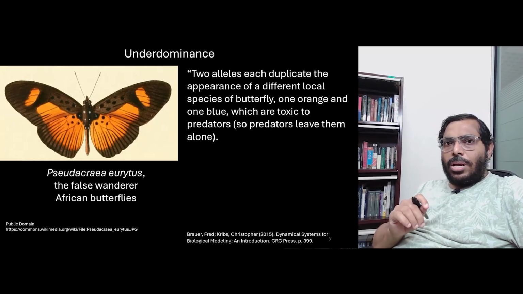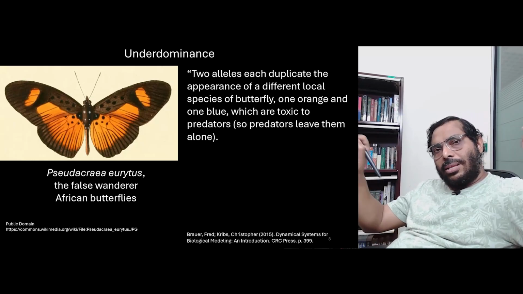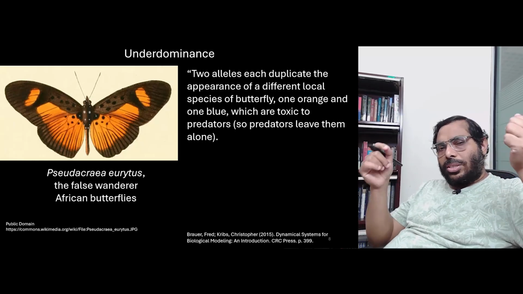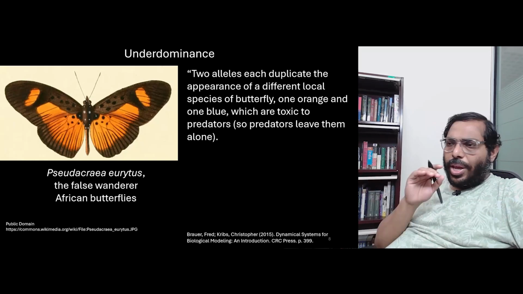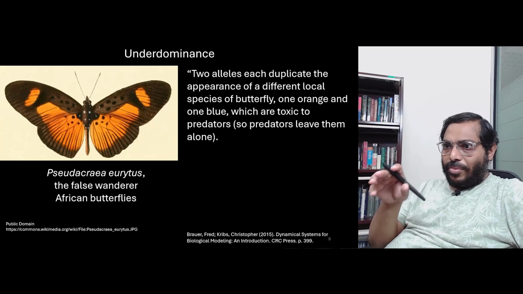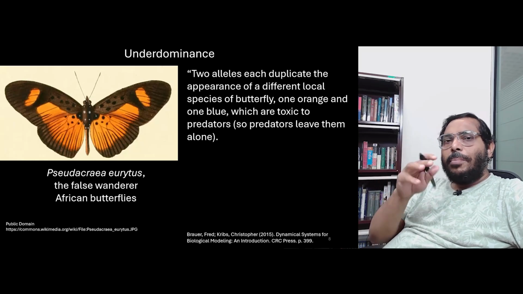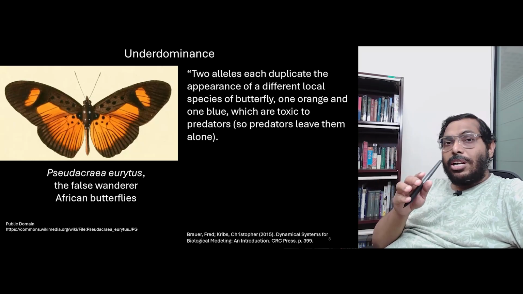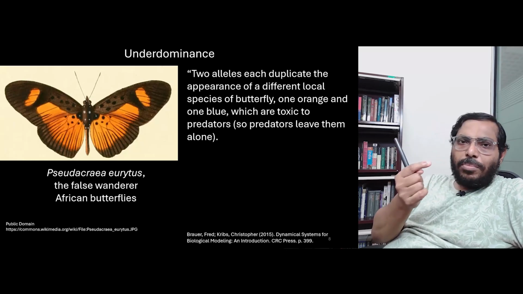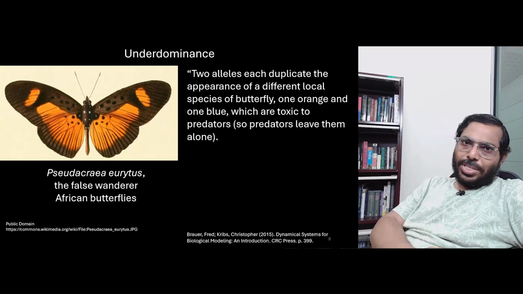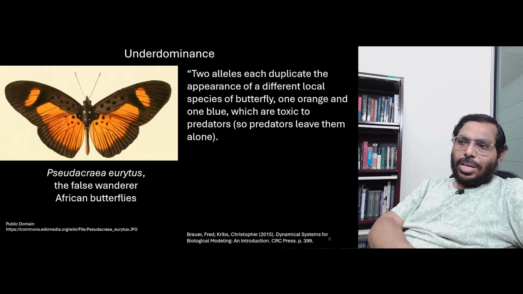Now, it turns out that both these other species are toxic, which basically means that the predators normally leave them alone. So, this is a case of mimicry, where the false wanderer is mimicking other species, but it is mimicking two different species, and depending on the allele, it either mimics the blue species or the orange species. Now, what happens to the heterozygotes?